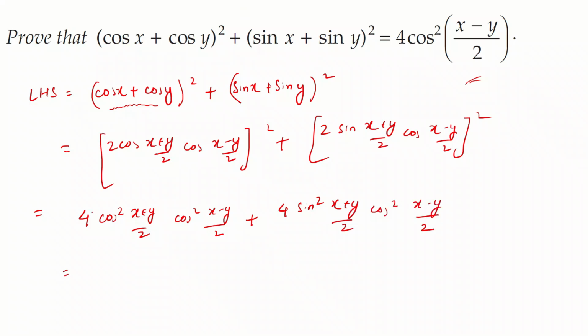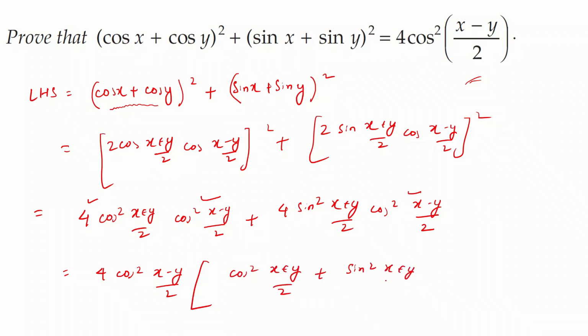Alright, so what we can do, we can take this 4 and cos square x minus y by 2 common. What we are left with is cos square x plus y by 2 plus sin square x plus y by 2.